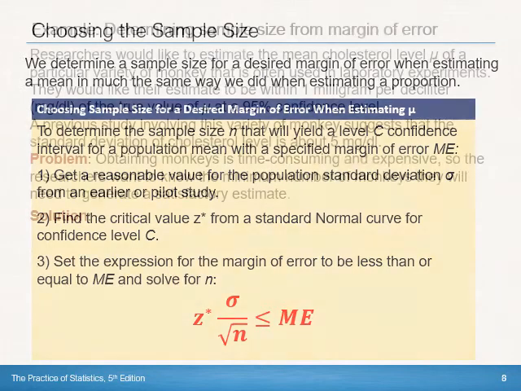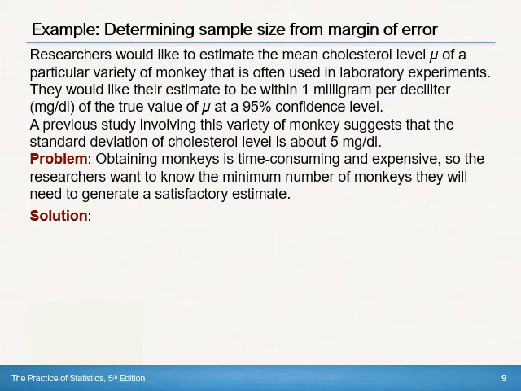Okay, let's look at an example. Researchers would like to estimate the mean cholesterol level mu of a particular variety of monkey that is used in laboratory experiments. They would like their estimate to be within 1 milligram per deciliter of the true value of the mean at a 95% confidence level.